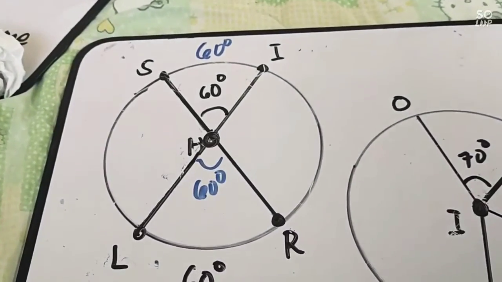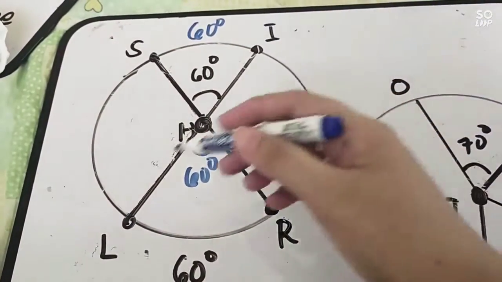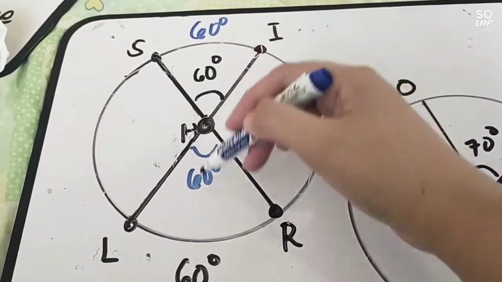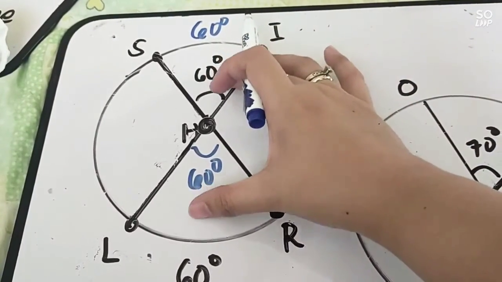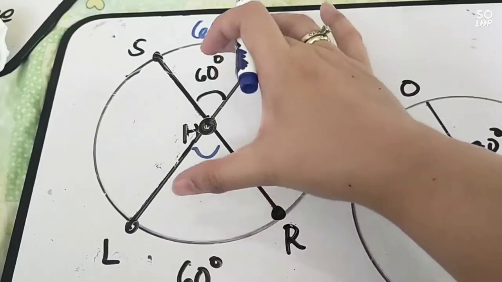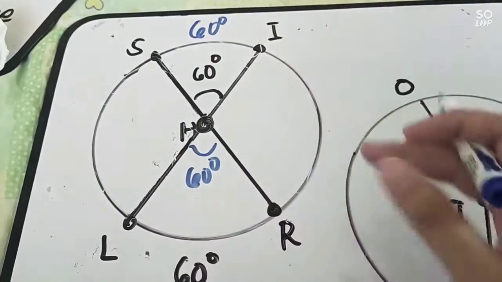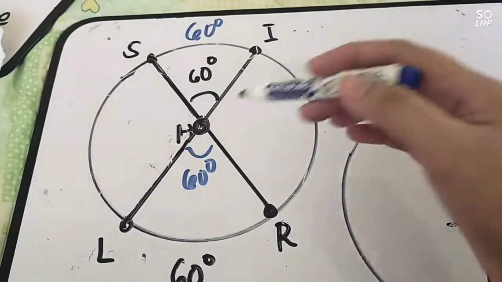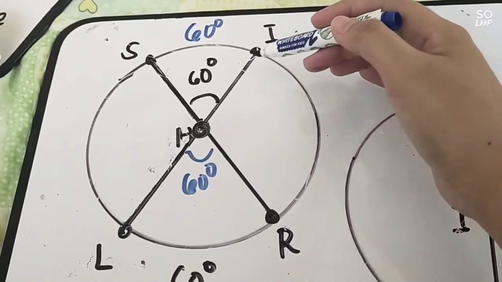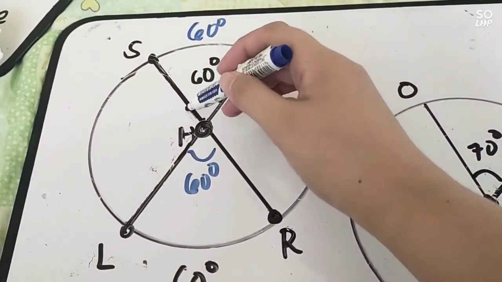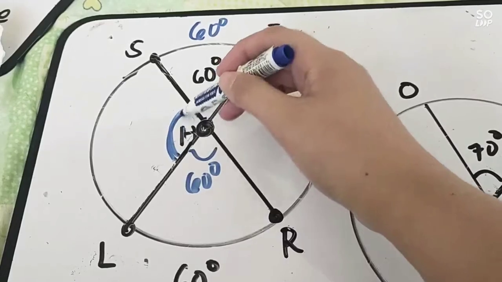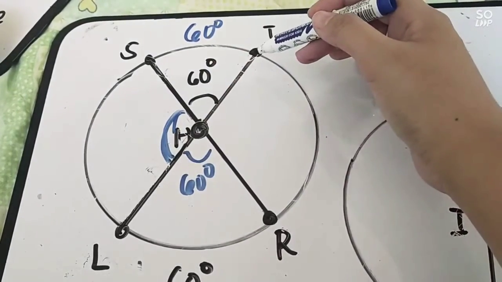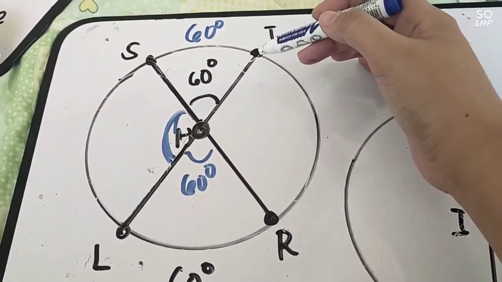And take note, class, kapag siya po ay nagkaroon ng vertical angles like this one, they are always equal or the same. Okay? Then, this one is a straight line. Kung ito ay straight line, para makuha mo yung kabilang side niya, a straight line is also always 180 degrees.